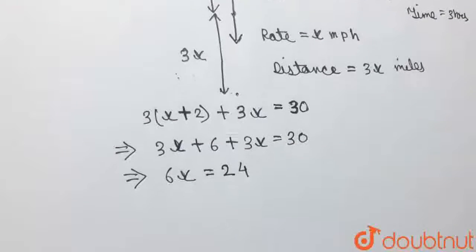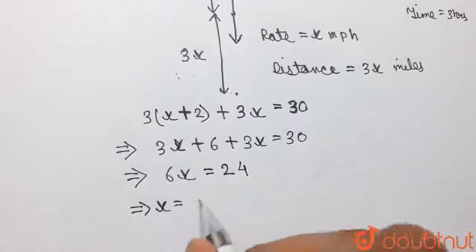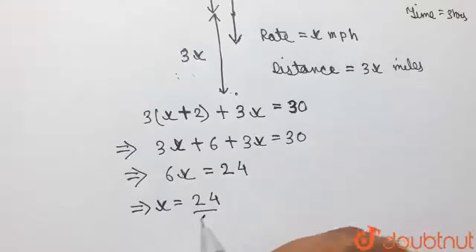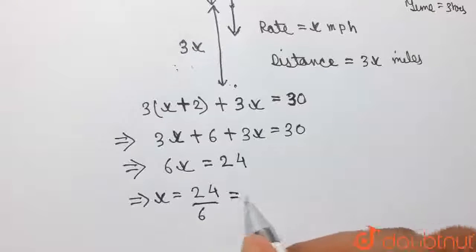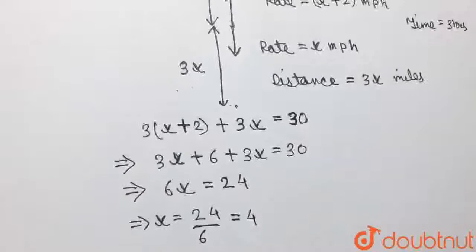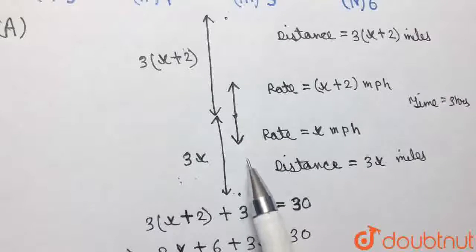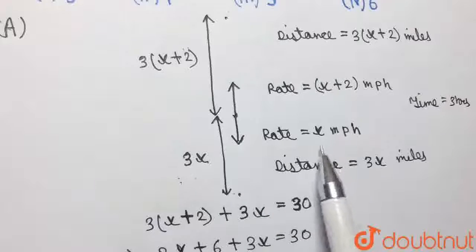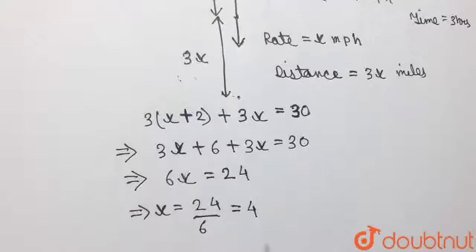From here the value of x comes out to be 24 divided by 6, which is obviously 4. Hence the rate of the jogger who ran in this direction, which we assumed to be x, is 4 miles per hour.